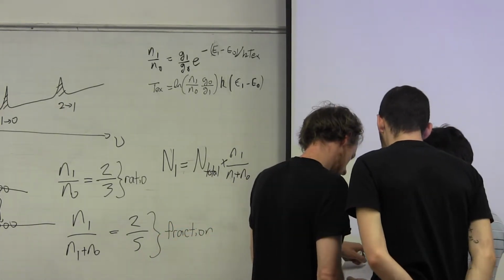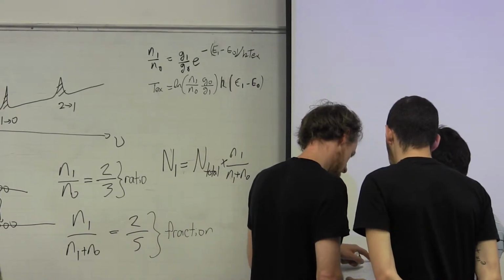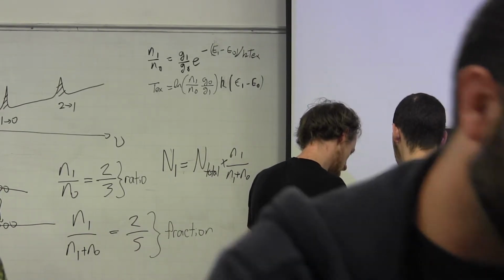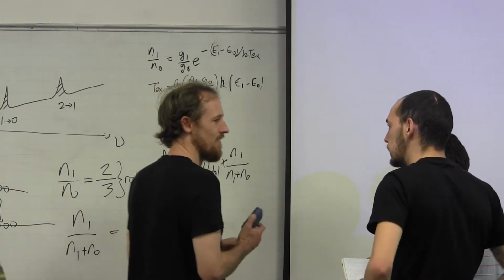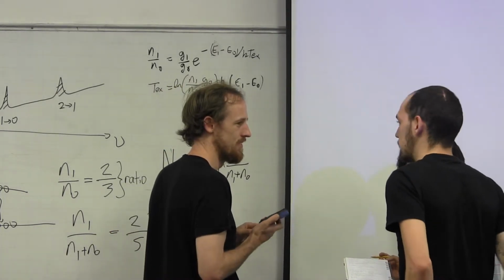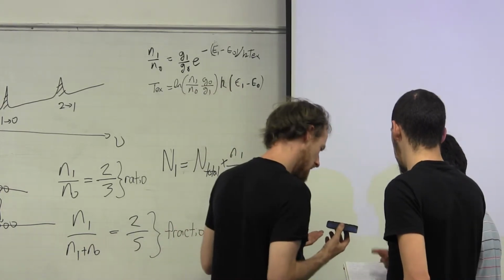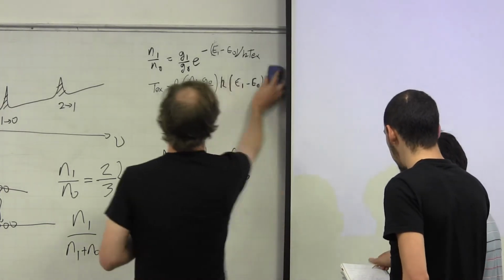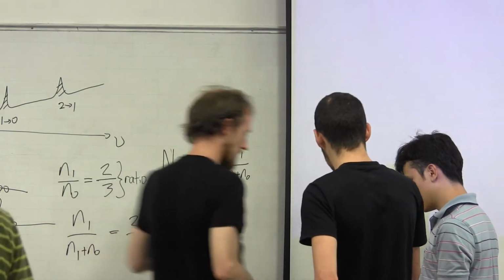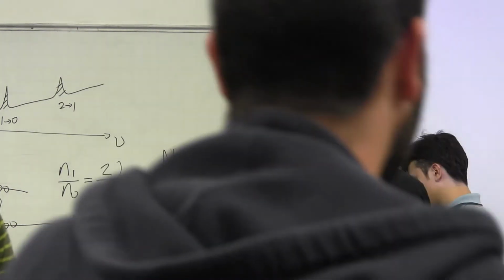You get a negative number, right? That's exactly my question. If you have a very high value of N1 over N0... actually, the other way. If that is greater than 1, this is negative.